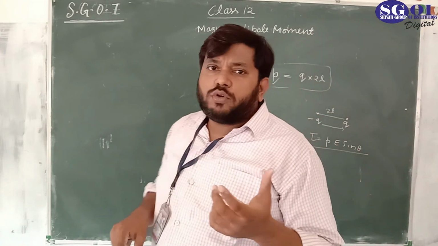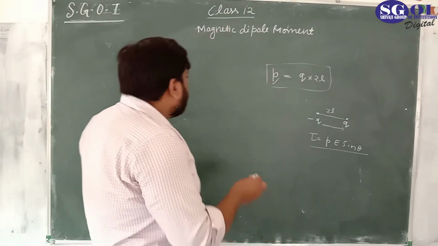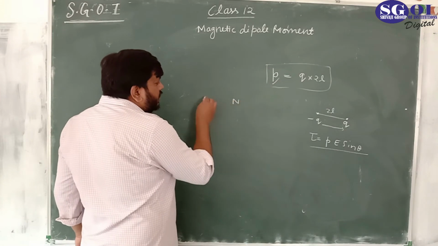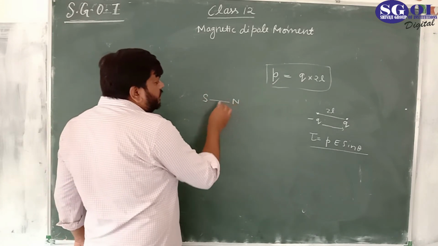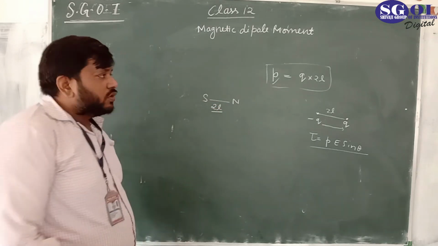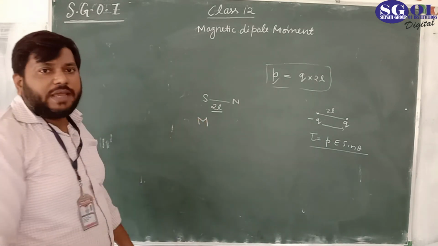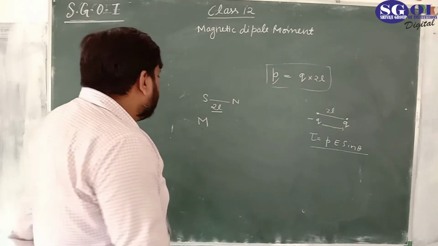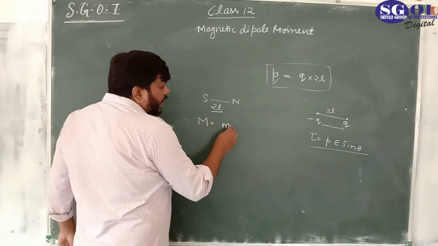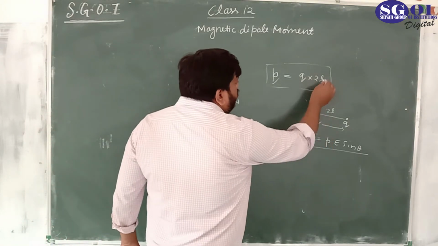So magnetic poles cannot be separated. If this is north and this is south, and the distance between these two is, let's say, 2L, then the magnetic dipole moment capital M is equal to small m into 2L, just like q into 2L.